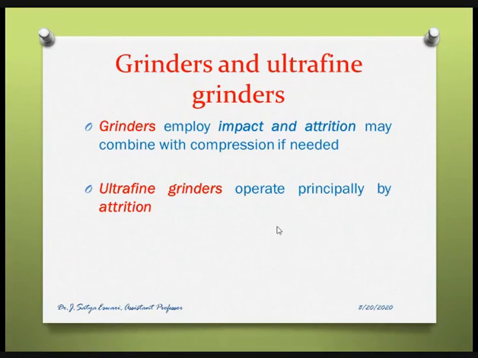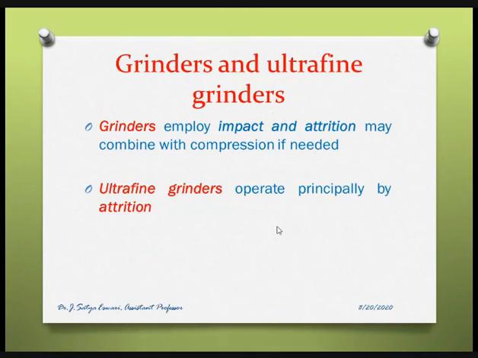And grinders and ultrafine grinders, if we talk about grinders, they employ impact and attrition. We understood what is compression. Compression means the action of being compressed by two things, two jaws.